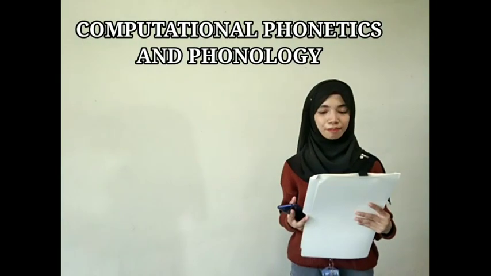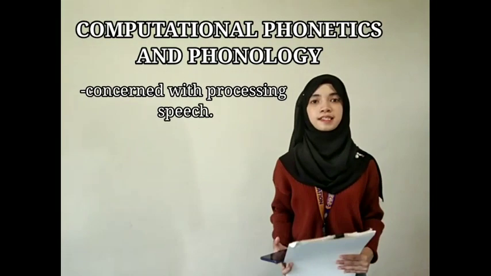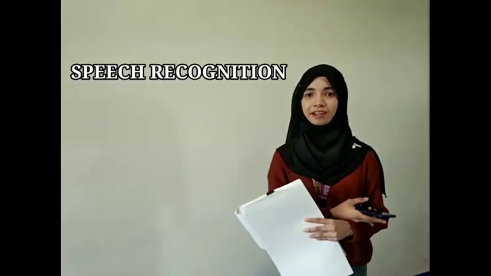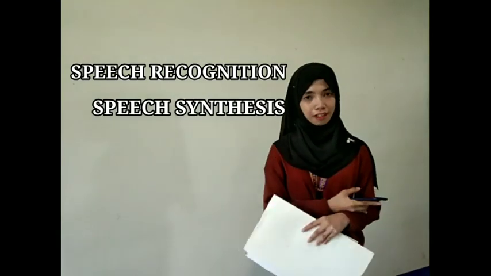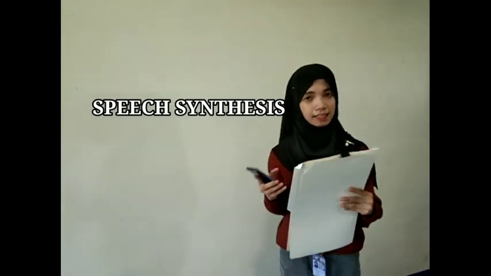Computational phonetics and phonology is concerned with processing speech. Its main goals are converting speech to text on the comprehension side and text to speech on the production side. It has two sides: speech recognition and speech synthesis.